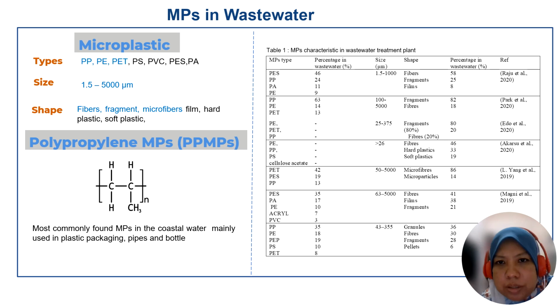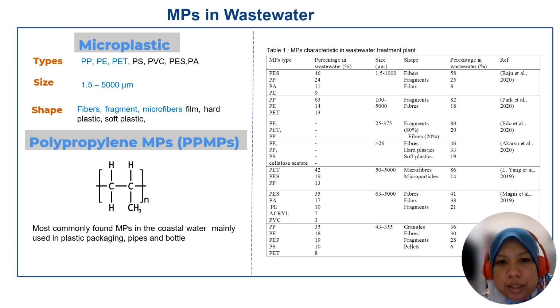Table 1 summarizes data from various studies that shows the type and percentages of microplastic found in wastewater along with their size ranges and shapes. The most common type found were PP, PE, and PET, with different percentages in wastewater across the studies. The size of MPs range from 1.5 micrometer to 5,000 micrometer, and they were mostly present as fibers, fragments, and microfibers.